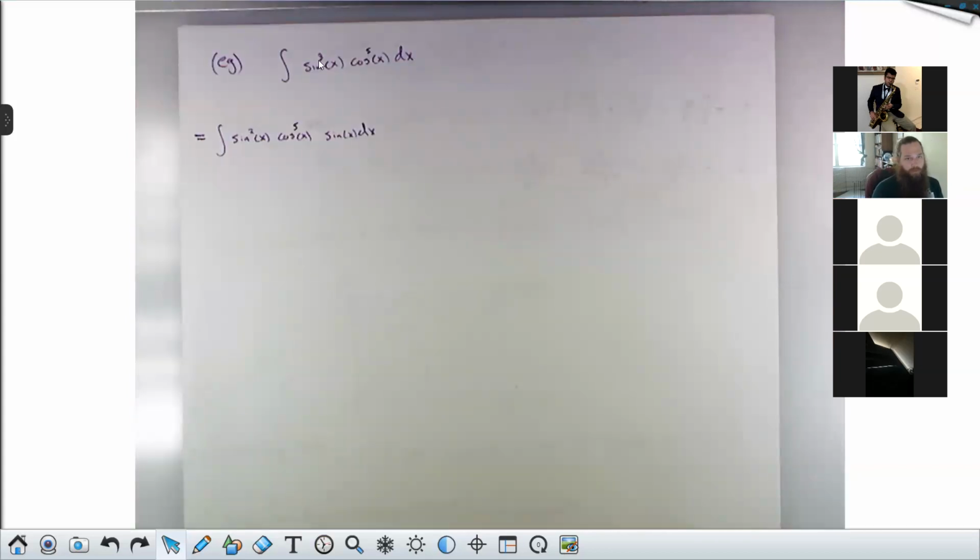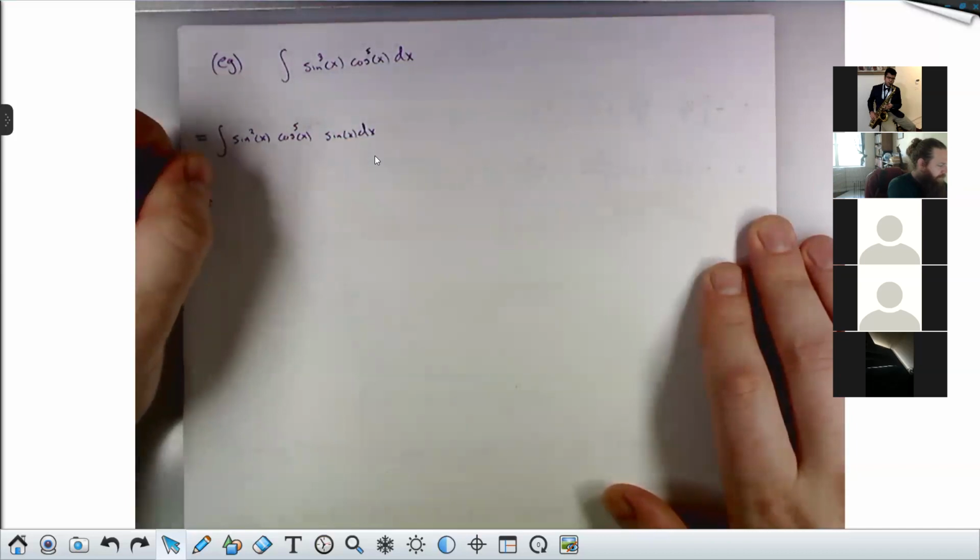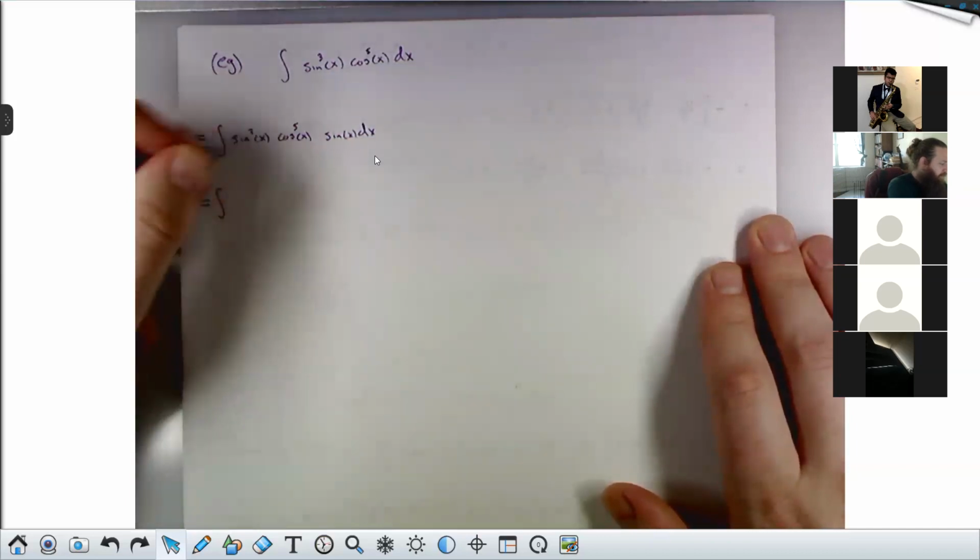So sine squared times sine is sine cubed. I'm just taking one of these 3 copies of sine and setting it over here by dx, because I know I'm going to substitute for cos x. So I know one of these sines is going to get absorbed by the differential. Then I take the remaining copies of sine and rewrite them as cosines.